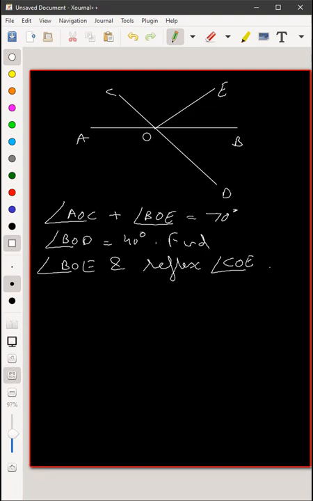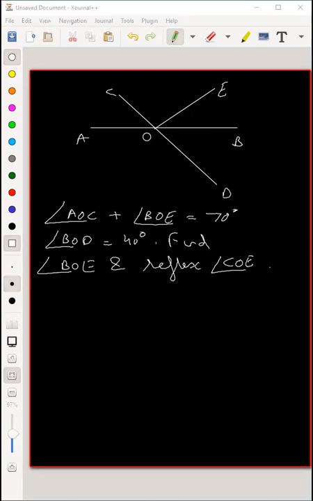Rest of you, hurry up. It's not that difficult. Siddharth, that's correct. No, Siddharth, check your angle BOE. BOE is incorrect.